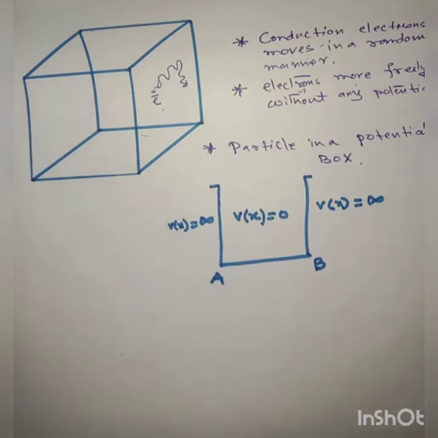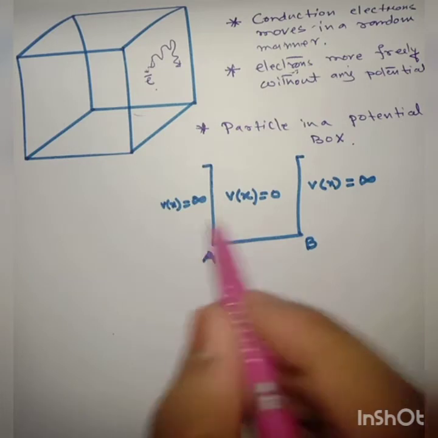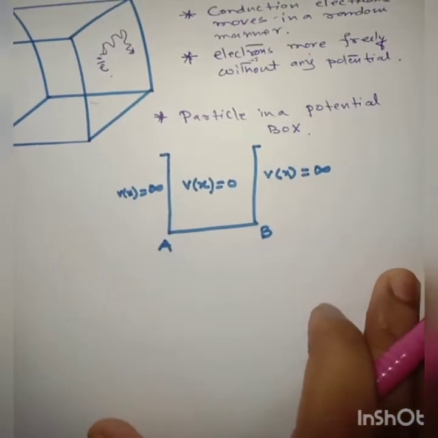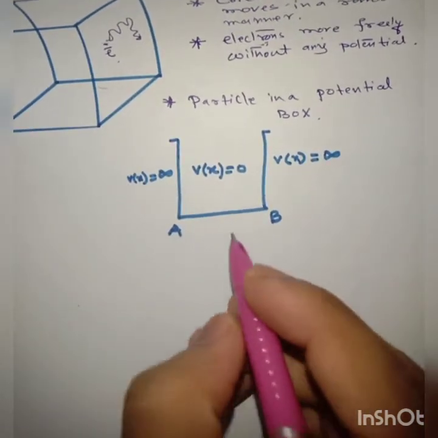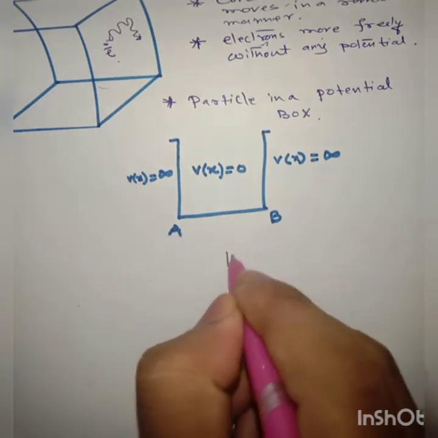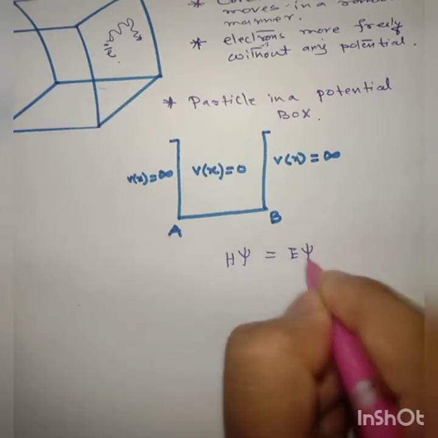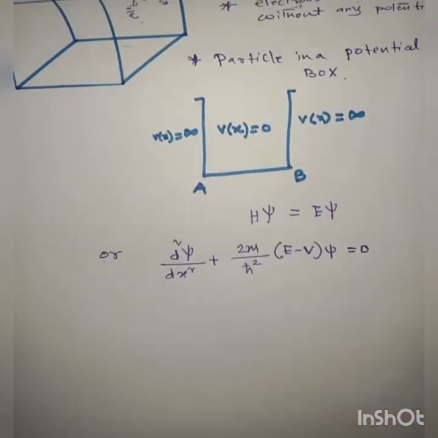if we now solve how the particle will behave in a one-dimensional potential using Schrodinger's equation, Hψ = Eψ.